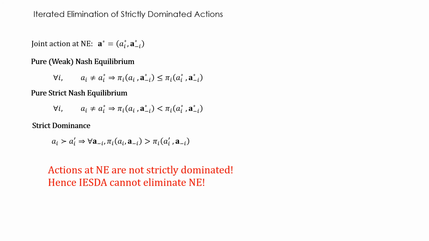Therefore, IESDA, iterated elimination of strictly dominated actions, cannot eliminate Nash equilibrium. This is an important point to note. And this can be formally stated in the form of a little theorem here. So, for all actions a sub i, a sub i cannot strictly dominate a Nash equilibrium action a star sub i.